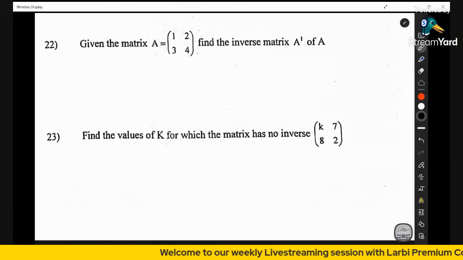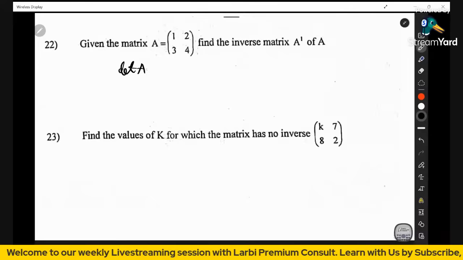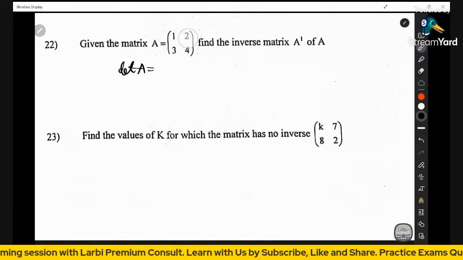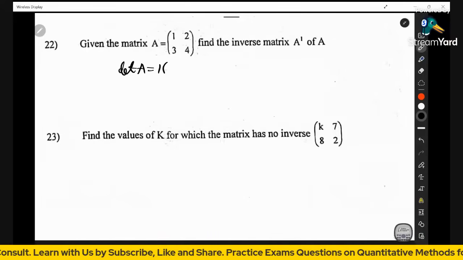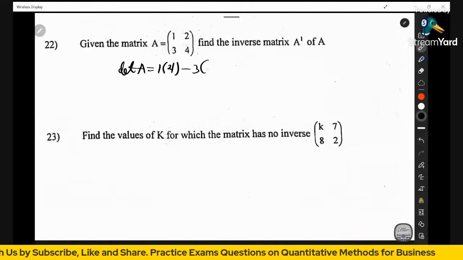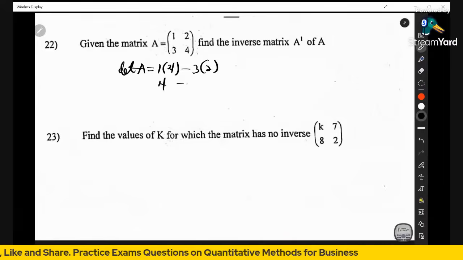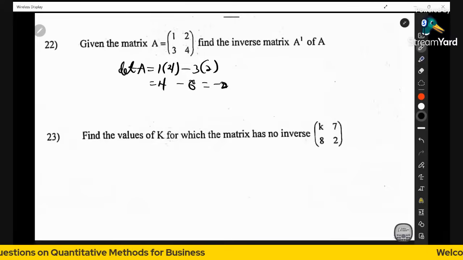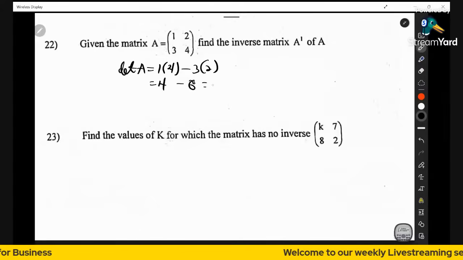So first, we need to find the determinant of this matrix. We'll say that det A should be equal to 1 by 4, we are getting 4, and then 3 multiplying 2, so that becomes 1 by 4 minus 3 by 2. We are getting 4, we are getting 6, and we are getting negative 2. So the inverse of negative 2 is going to fetch us negative 1 over 2, right?